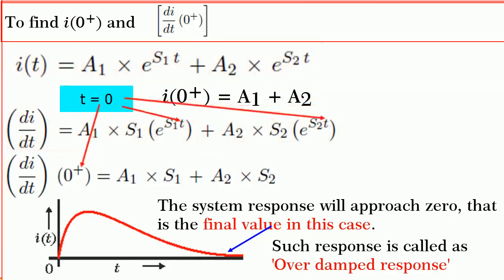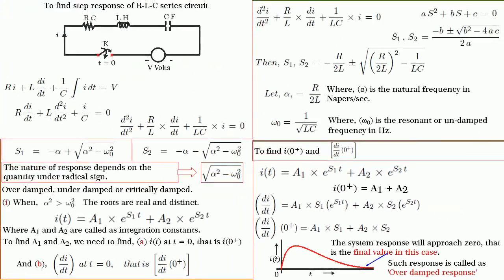If we substitute t is equal to 0, we get di by dt of 0 plus is equal to a1 s1 plus a2 s2. We know s1 and s2, and after finding a1 and a2, if we substitute in the equation for i of t, we get the solution for i of t. We see that the response will be as shown in figure, and such a response is called as overdamped response.